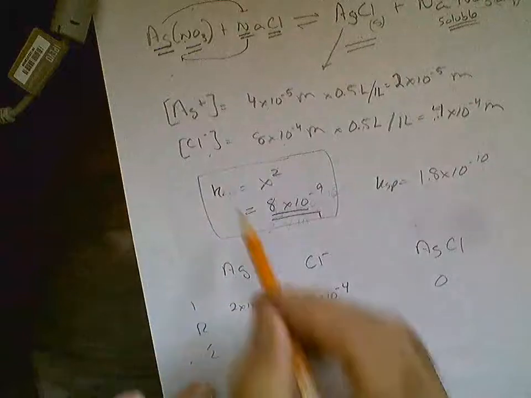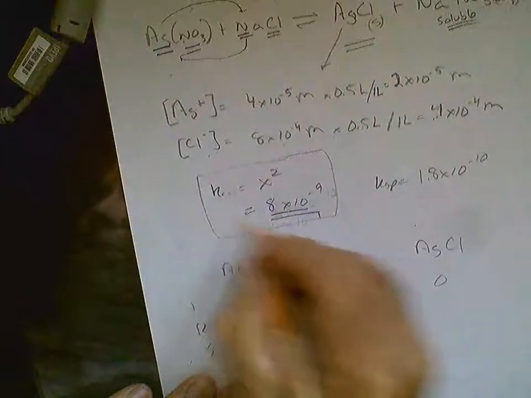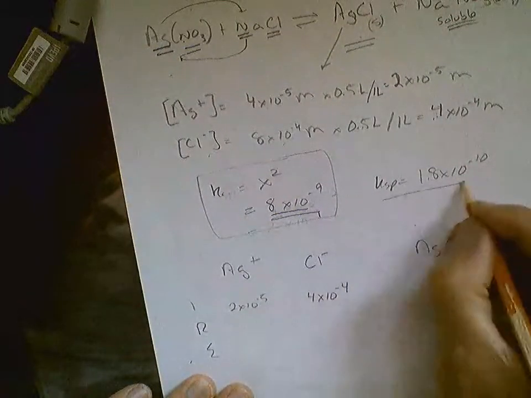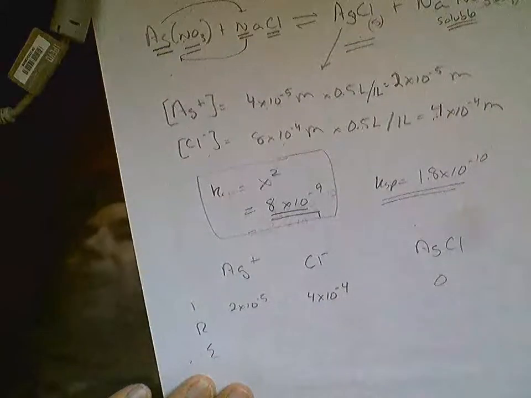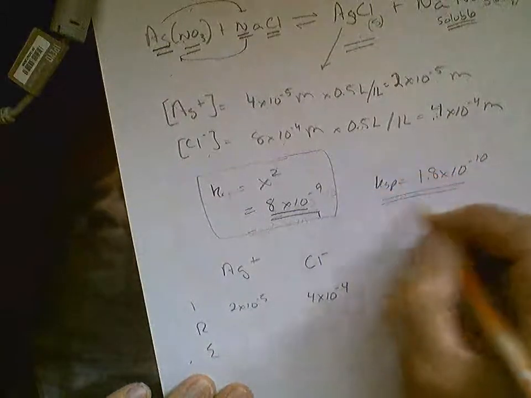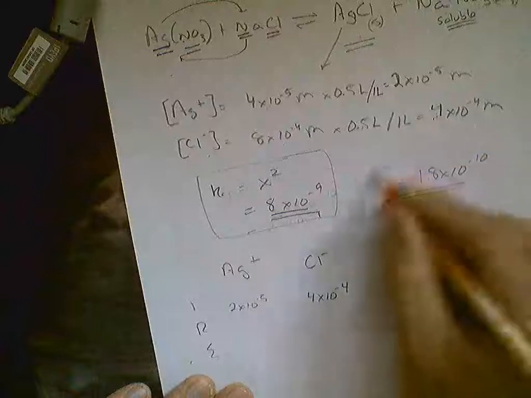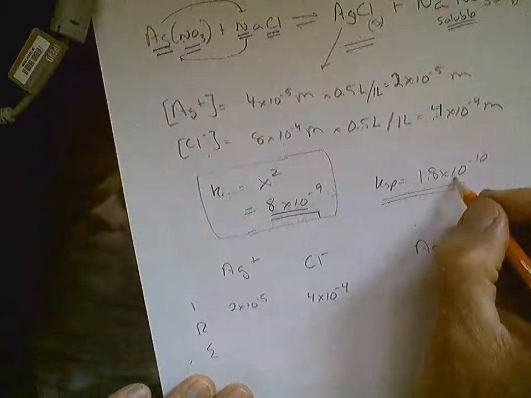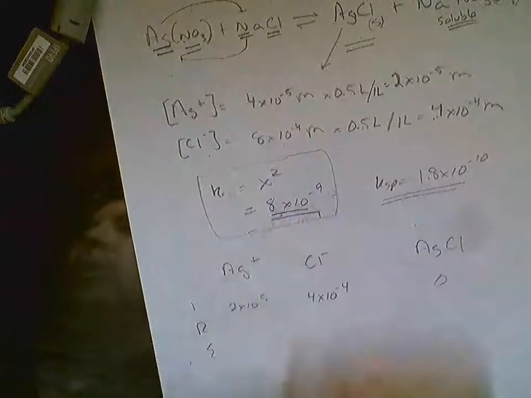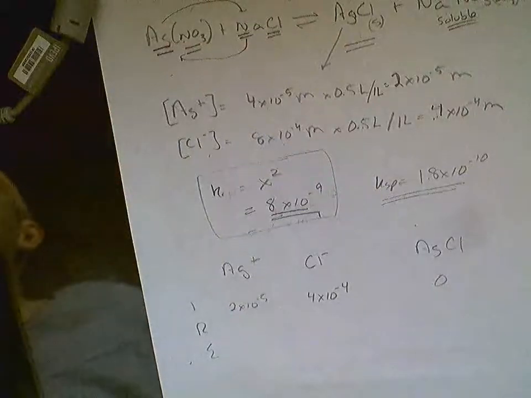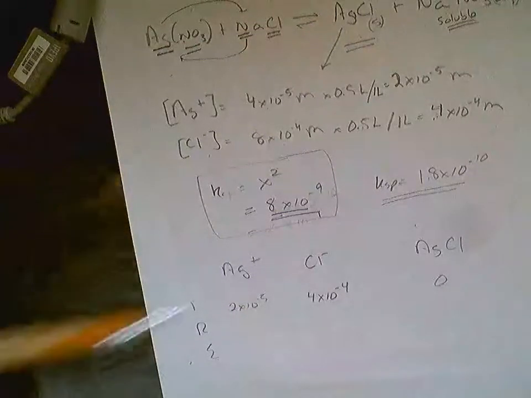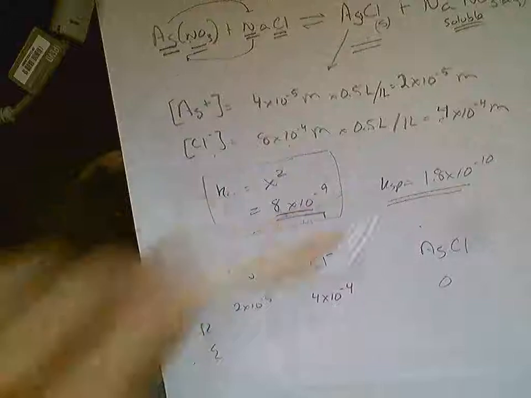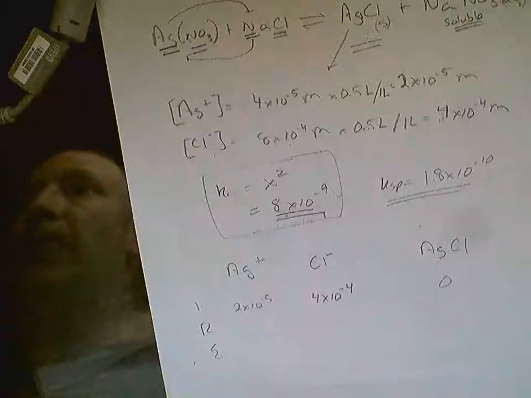To make a precipitate, this calculation that we did here has to be higher than the KSP value. So this is the maximum amount of AgCl that can dissolve in 1 liter of water. And this is what we have, 8 times 10 to the negative 9. Since this number is greater than the one found in the KSP table, we are going to get a precipitate.